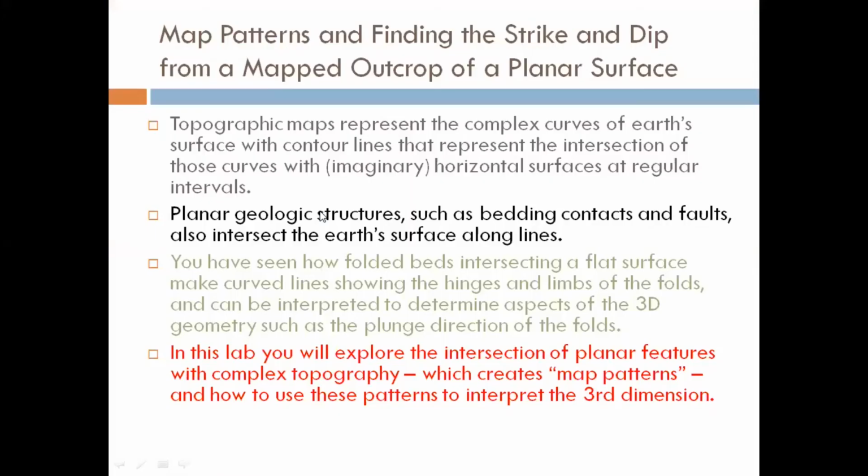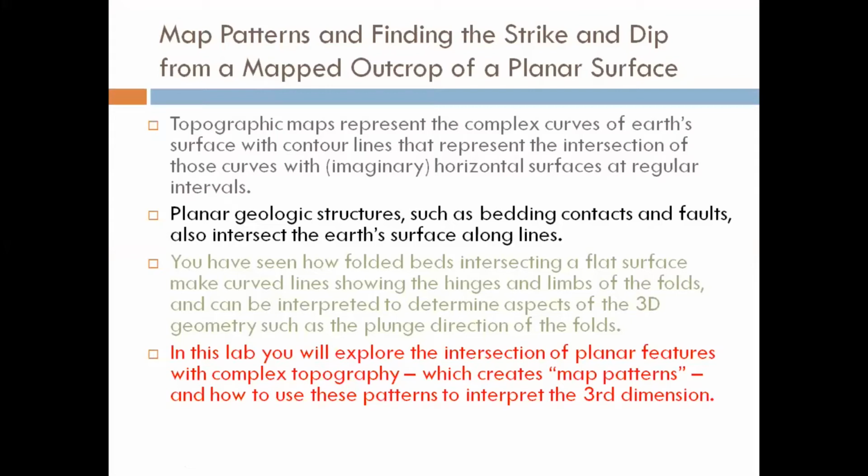Let's go step by step and see some of these exercises that hopefully you will do yourself after understanding these criteria. The map patterns are a very useful tool when you go to the field and you have maps where you have contour lines and the geological context.